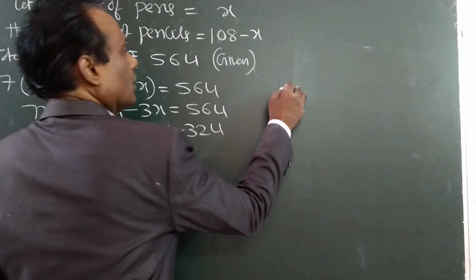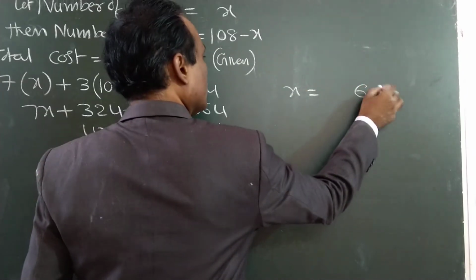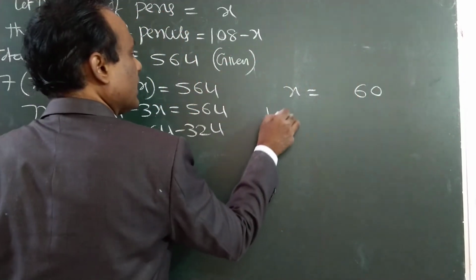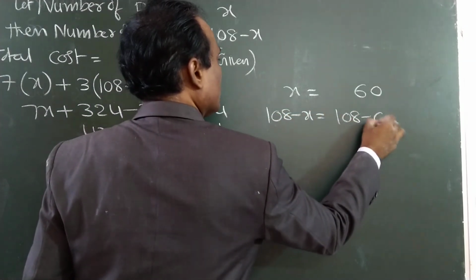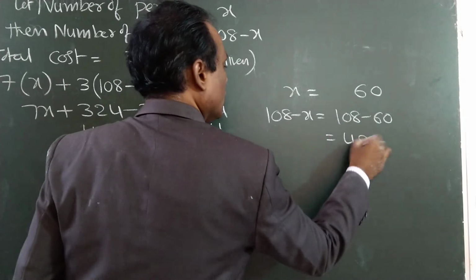So x is equal to 60, and 108 minus x means 108 minus 60 is 48.